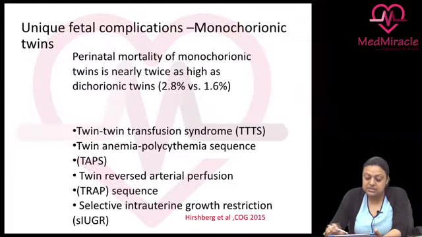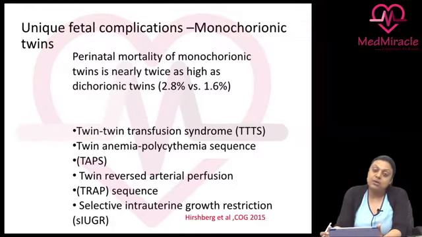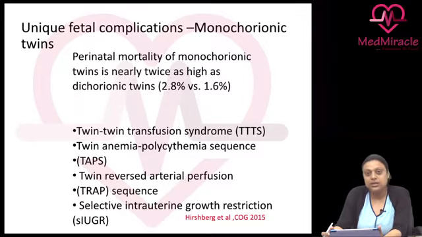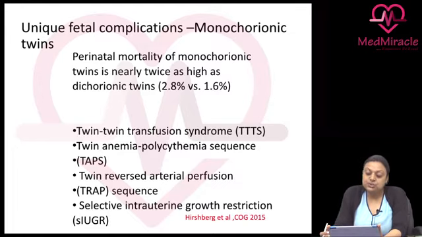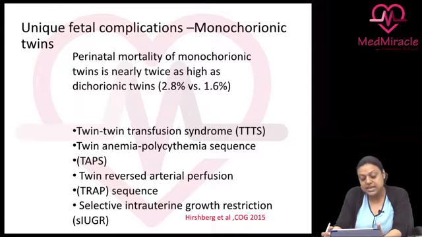So that is about twinning and its complications. Now we will come to the special complications associated with monochorionic pregnancy, which is the second part of this video. Unique fetal complications associated with monochorionic twins: the first is twin-twin transfusion syndrome, then twin anemia polycythemia sequence, then twin reversed arterial perfusion sequence, the TRAP sequence, and selective intrauterine growth restriction.